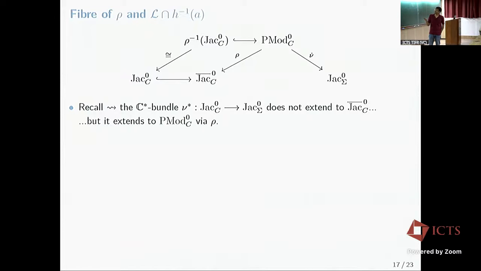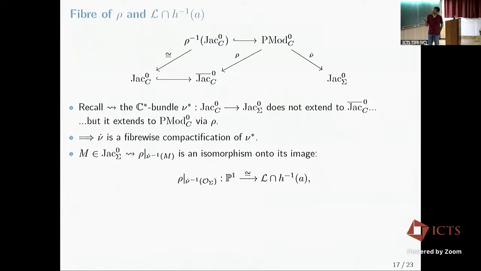But now it extends, not to the compactified Jacobian, but to this other compactification, this parabolic moduli space, via this resolution. Okay? So this new dot here, it's a P1 bundle, is a fiber-wise compactification of this pullback map.